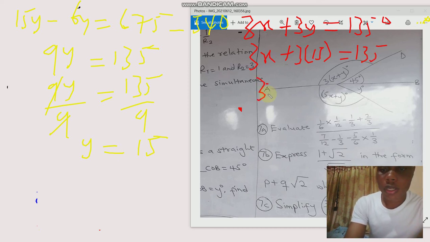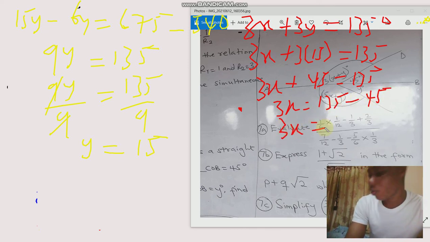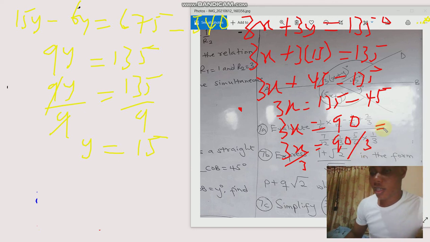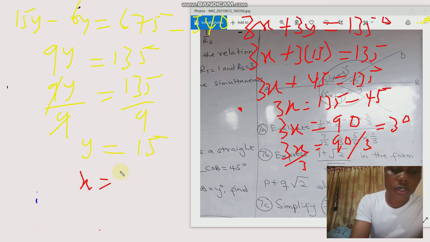So 3x plus 45 equals 135. So 3x equals 135 minus 45, that should be 90. I divide both sides by 3. 90 over 3 gives me x to be 30. So the values of x and y are 30 and 15.